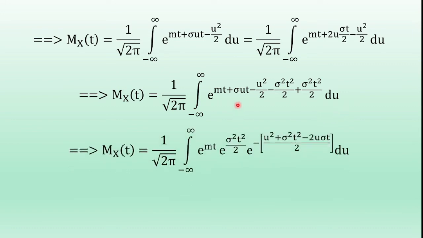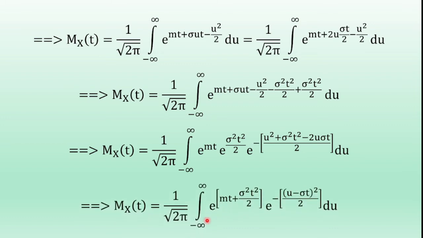So therefore this exponential term is arranged as e power mt into e power sigma square t square by 2 into e power, taking the common minus, of (u square plus sigma square t square minus 2u sigma t) by 2. So u square plus sigma square t square minus 2u sigma t is written as (u minus sigma t) whole square. So therefore M_X(t) is equal to 1 by square root of 2 pi, integral from minus infinity to infinity, e power mt plus sigma square t square by 2 into e power minus of (u minus sigma t) whole square by 2 into du.